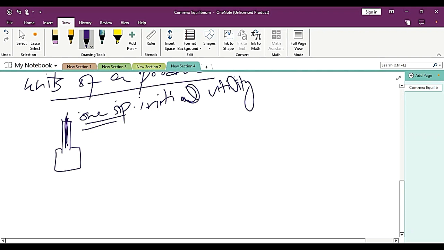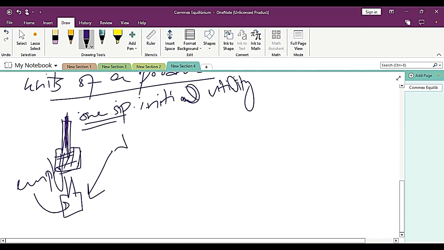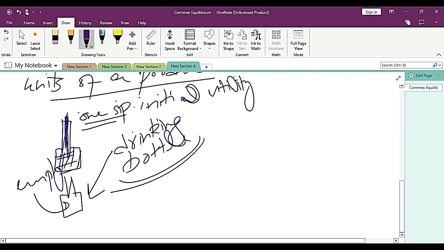Then we continuously take sips, and when we drink the whole bottle and it becomes empty, the utility obtained after drinking the whole bottle is called total utility.